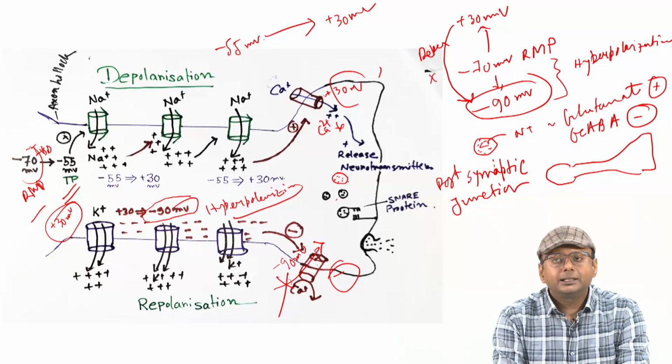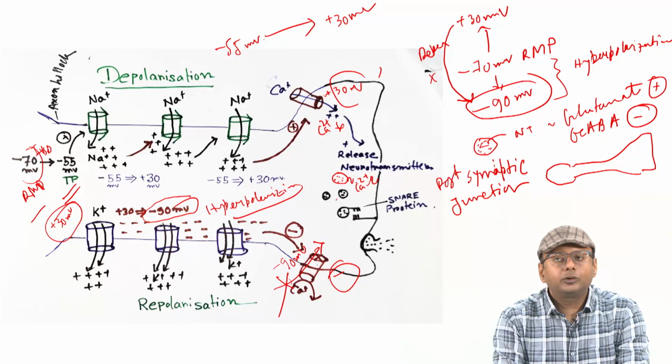You see this vesicle has a lot of proteins, and in the same way the axonal terminal area also has some protein. What this calcium ion does is create a bridge between the neurotransmitter vesicles and the membrane. Initially the vesicles are not very near to the axonal terminal membrane area.